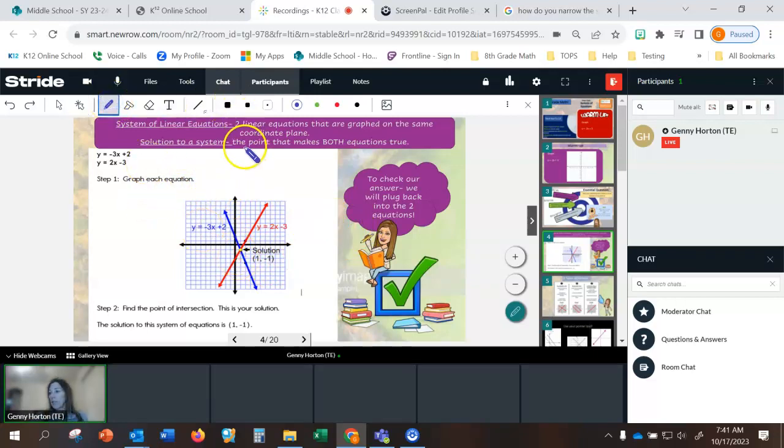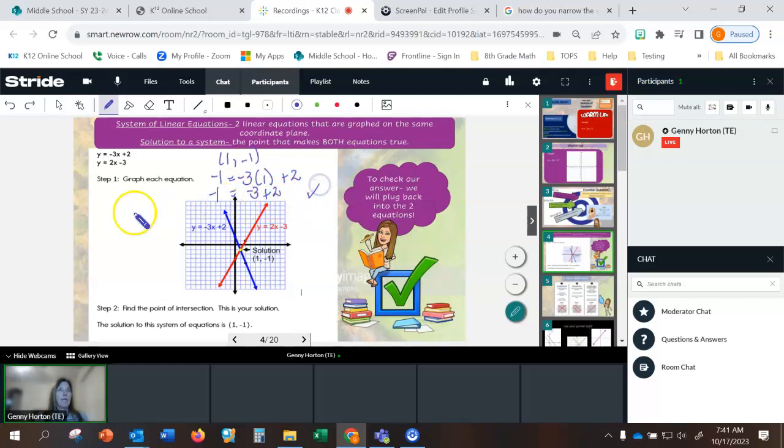And I'm just going to do that because it's good practice. If our x value is 1 and our y value is -1, for that first equation, I'm sorry, let me back that up. We're going to put in the values, so the y is -1 and the x value is 1, and then you simplify to see if that statement is true. -3 plus 2 is equal to -1.